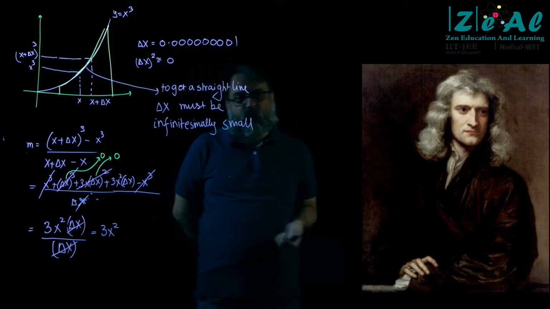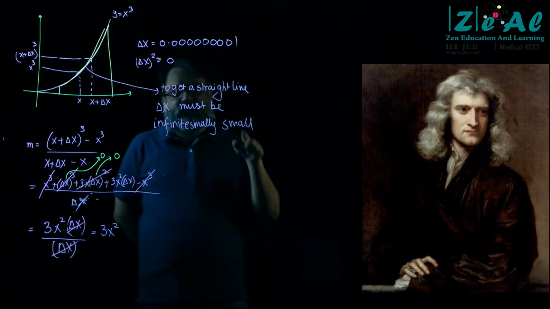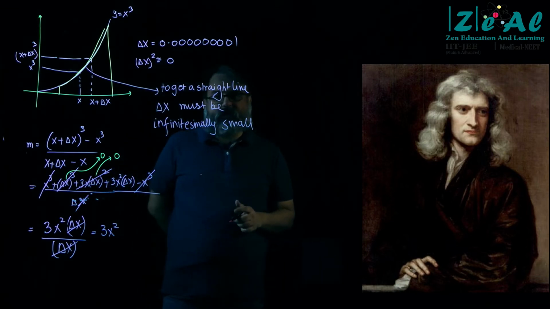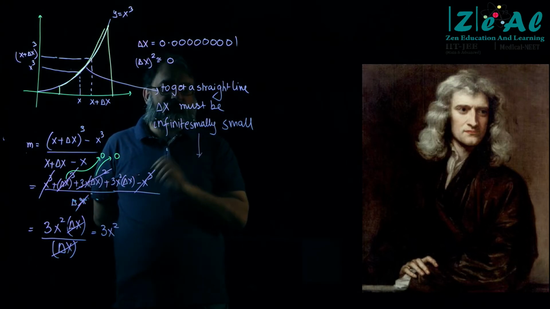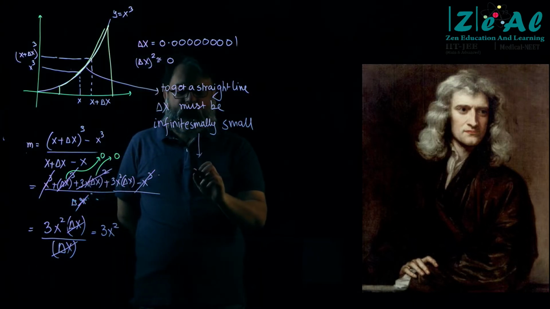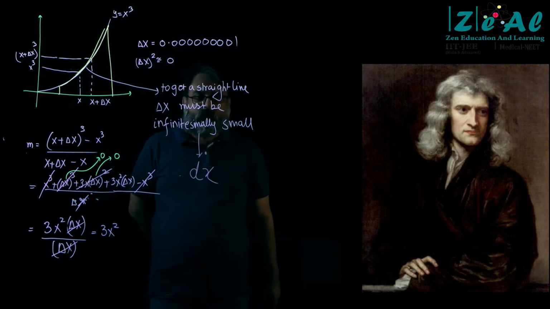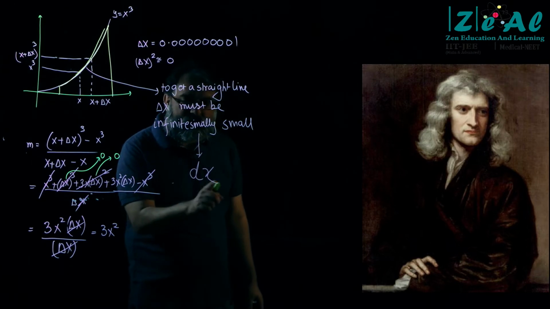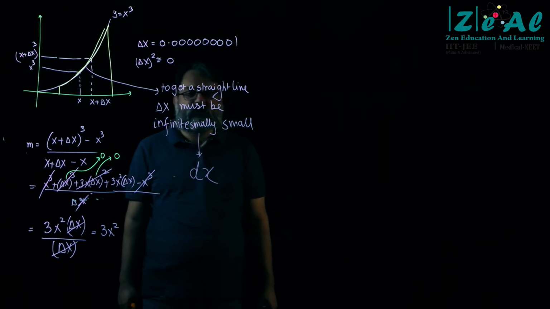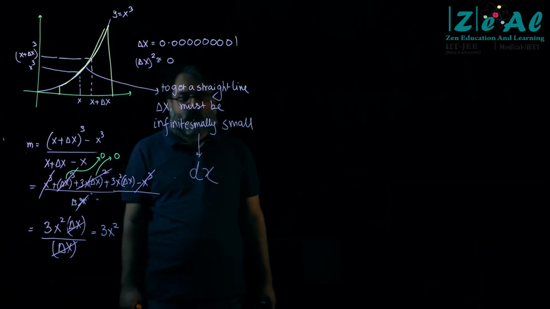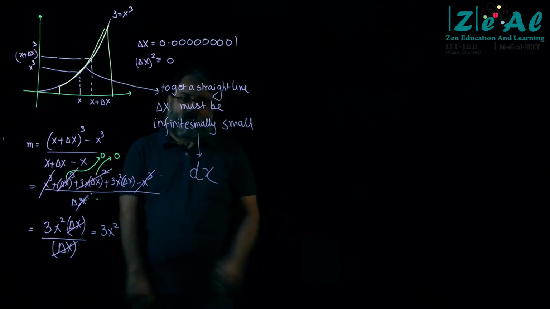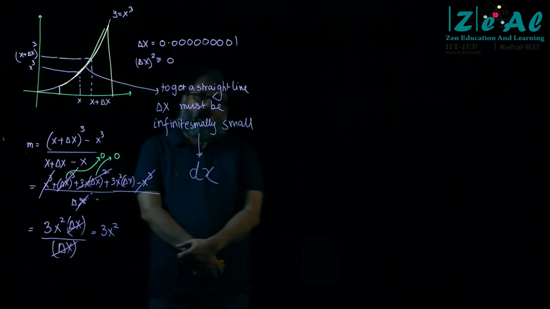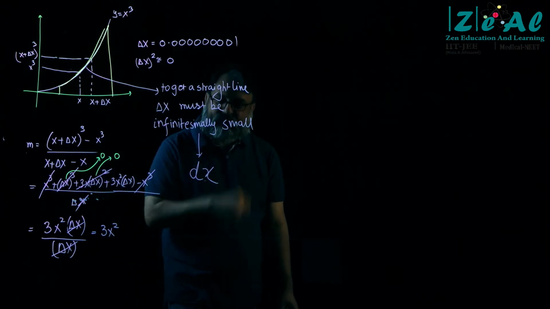It is so small. So what Newton does is that he invents a symbol for it, and this is dx. This represents an infinitesimally small interval on the x-axis.